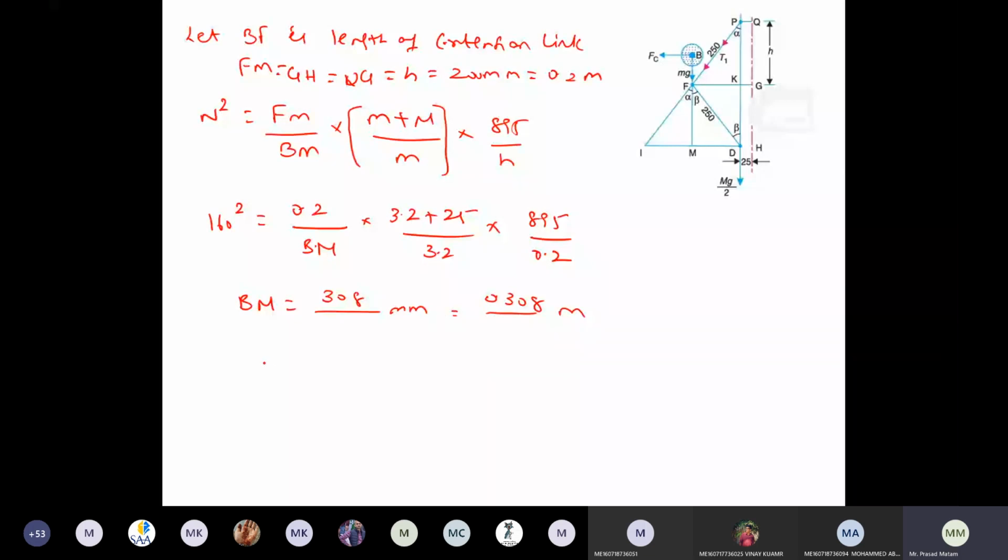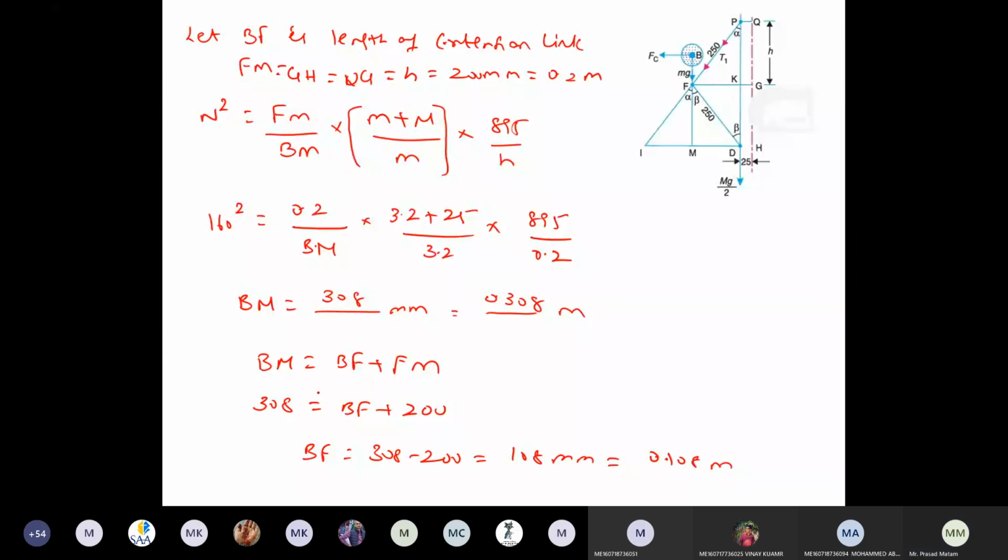Now we can find out the BF value. How to find BF? BM is equal to BF plus FM. BM is 308 mm. I don't know the BF value, and FM is 200. From this, BF is equal to 308 minus 200, which is equal to 108 mm or 0.108 meter.